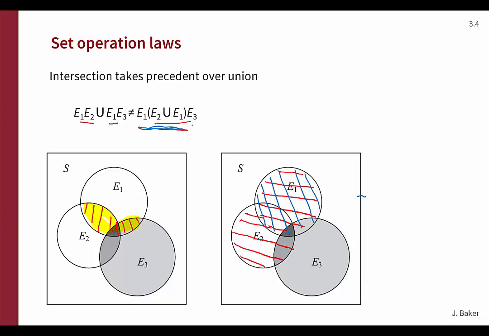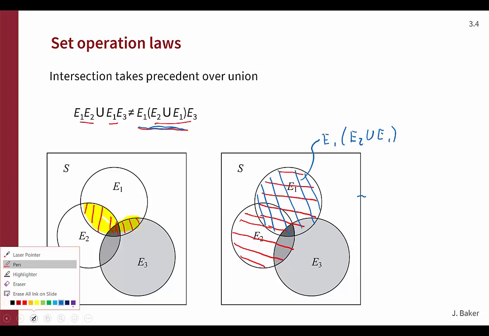Okay. And then finally, we'll take that blue hatched region, which let's label it even. So this is E1 intersected with E2 union E1. So then we'll take that whole thing and we'll take the intersection with E3. So that's going to be everything that's in the blue hatched region and also in E3. And actually, let's do that with the highlighter.